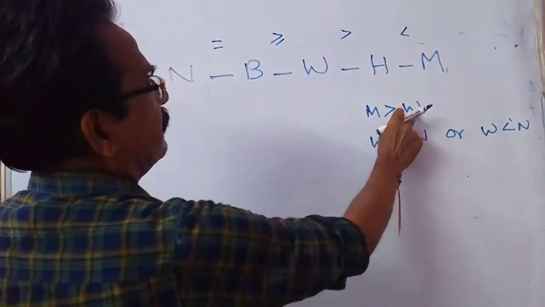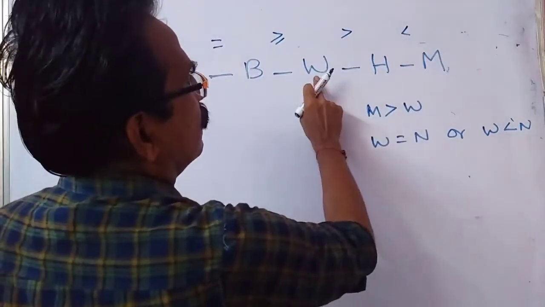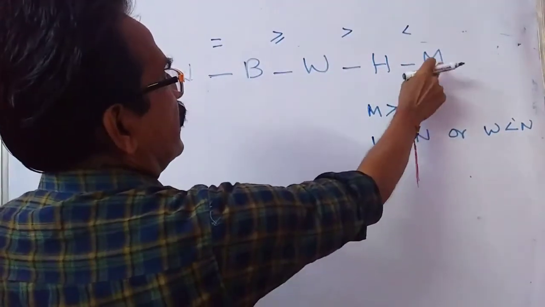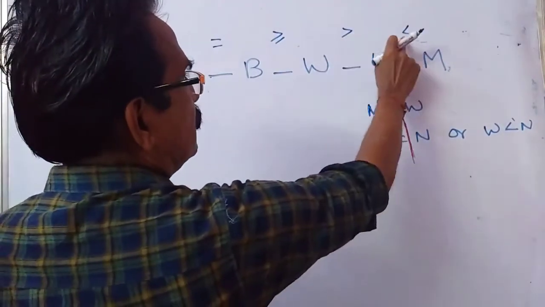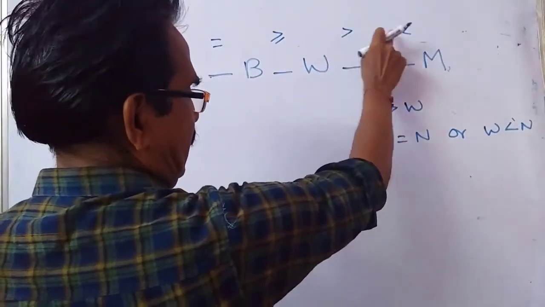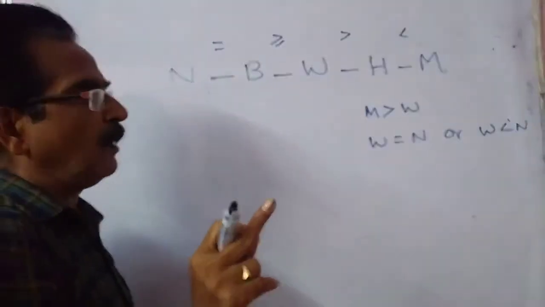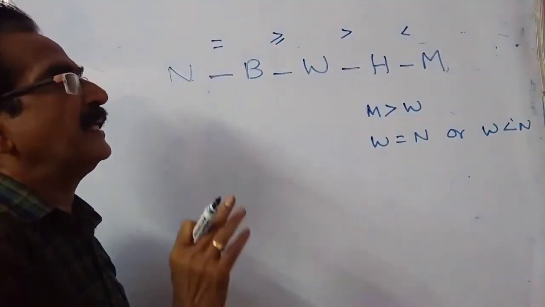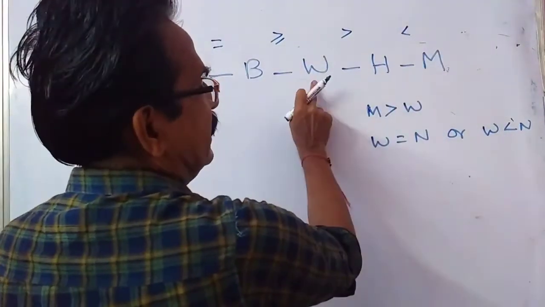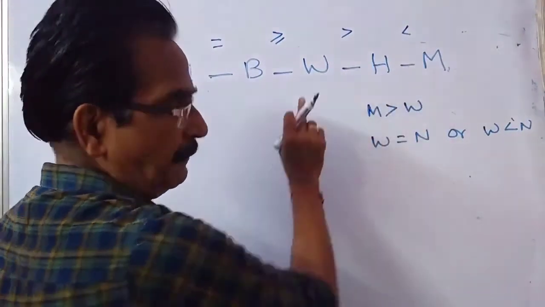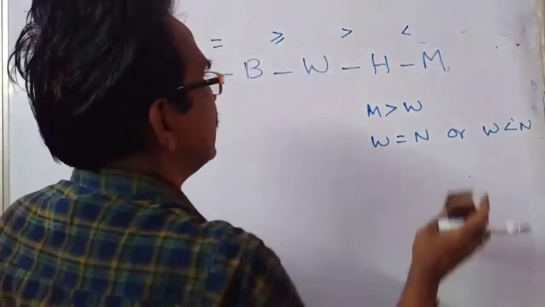M greater than W. No. Between M and W, two opposite inequalities are there, greater than and less than. So when there are two opposite inequalities, then no conclusion can be derived between M and W. So first option is incorrect.